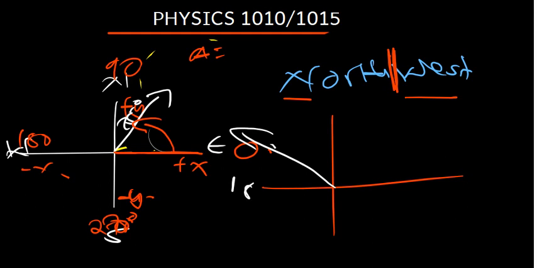This is 45 degrees. Meaning this is 45, this is 45. But for you to resolve this vector into x and y components, you are supposed to get this angle from this line until it touches the vector, meaning it's going to be 90 plus 45, or you can say 180 minus 45, which is the same thing. Does that make sense? Okay, cool.